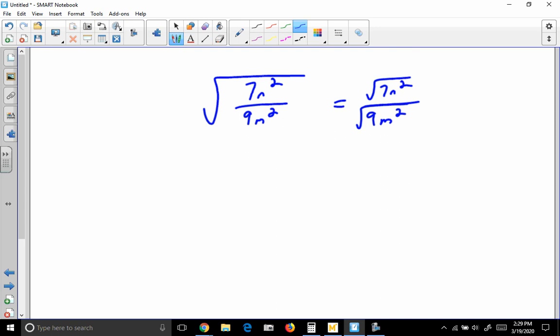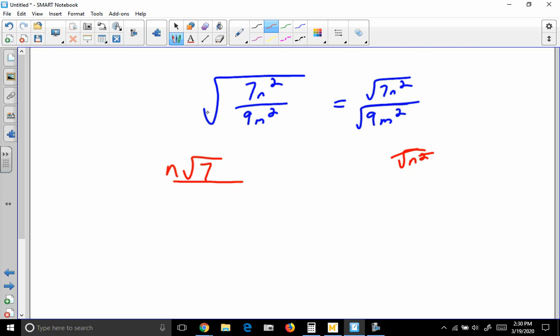So with a quotient under a radical, we can reduce those, and we can simplify the radical on top and the radical on bottom separately. Or if we have it written as a single radical, since it can be written this way, we can simplify the numerator and denominator separately. So on top, 7 is not a perfect square, so it stays underneath. But since we have the square root of n squared also on top, those cancel, so we get an n on the outside.